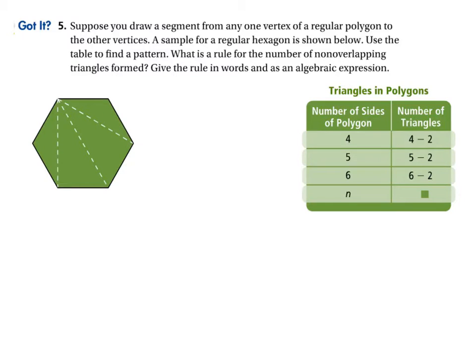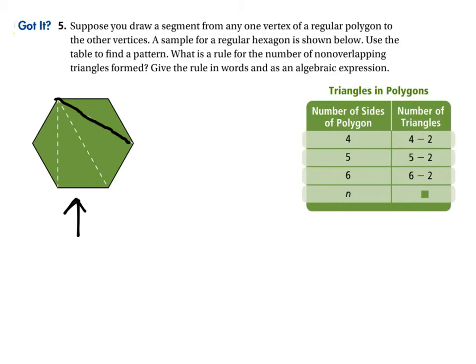Let's try one more. Suppose you draw a segment from any one vertex of a regular polygon to the other vertices. A sample for a regular hexagon is shown below.